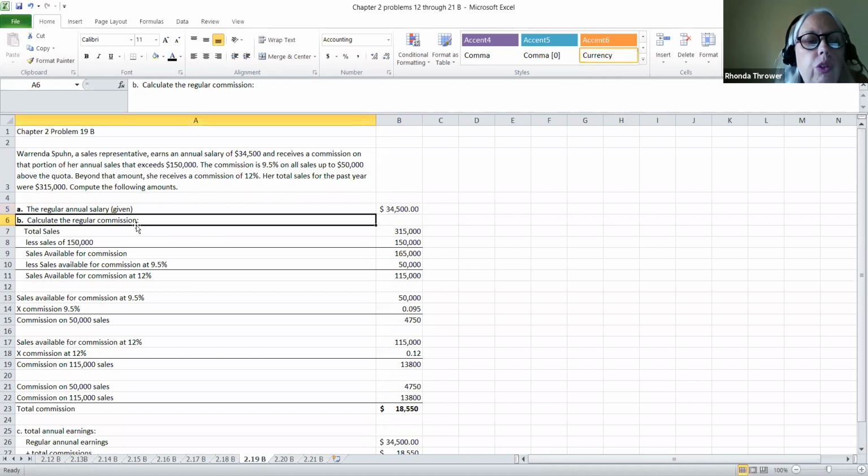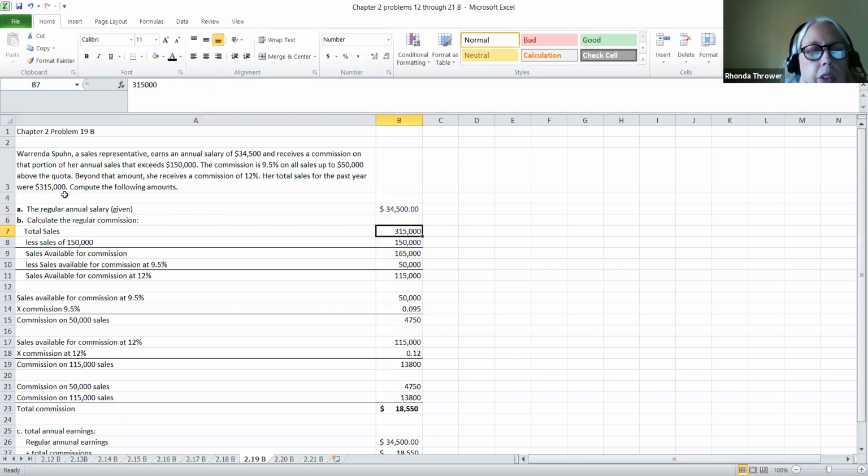In B, they want you to calculate the regular commission based on if she makes over 150,000, up to 50,000, she can get 9.5%. If she makes over 200,000, she gets the remaining amount of commission at 12%. So I'm going to start with the total sales that were given.